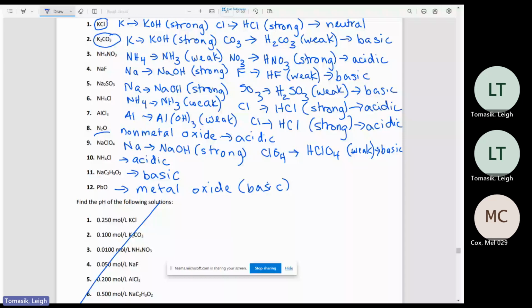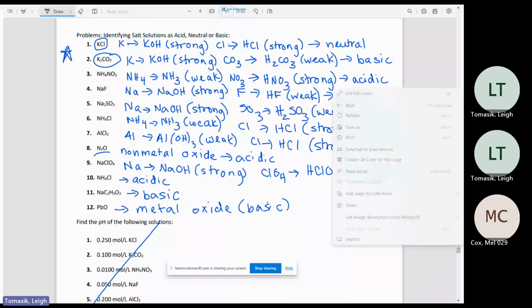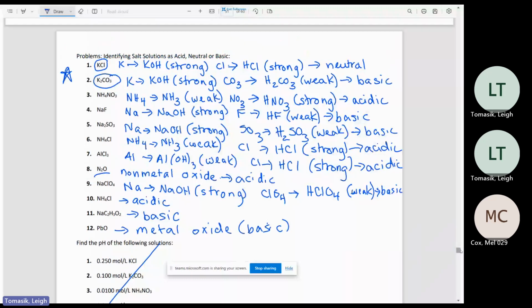So this is the really important part of this lesson. The other stuff is a little bit on the advanced side for you. But again, I might do a practice problem later that gives you the format for finding the pH. All right, that's the end of the lesson.